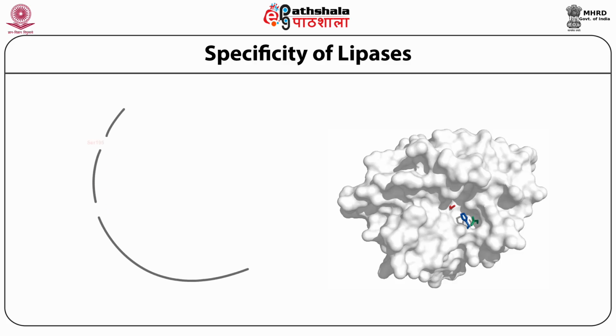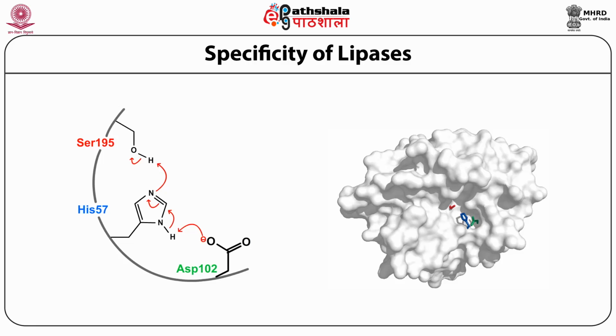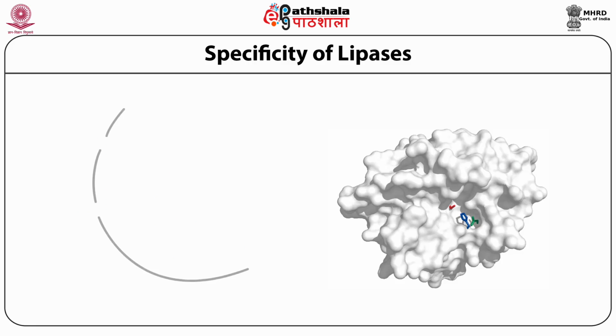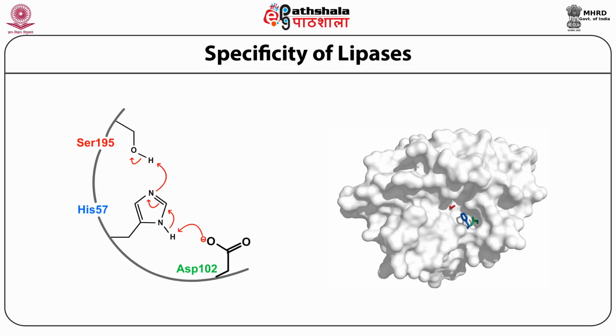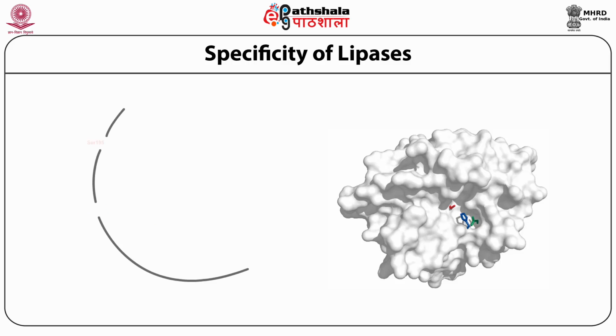Just like serine proteases, here also serine is the key active site residue. The triad is also reminiscent of the way the proteases function. So it is not surprising that both proteases and lipases show esterase action, albeit the kind of esters which they hydrolyze or form are of different structural nature.